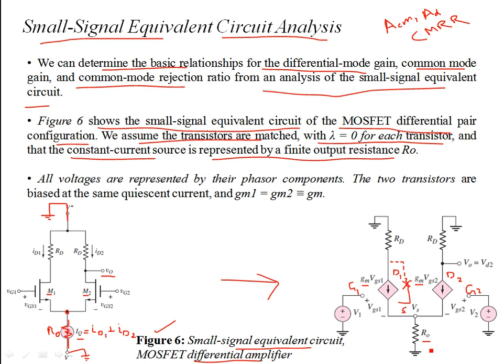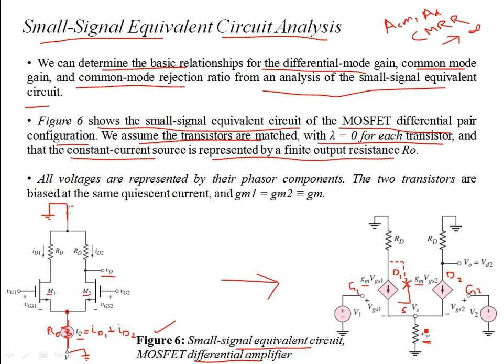You will see that in CMRR, this R0 has a significant contribution. If you want to increase CMRR, which ideally should approach infinity, then R0 should be very high.